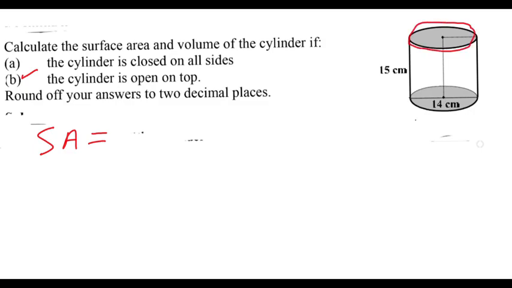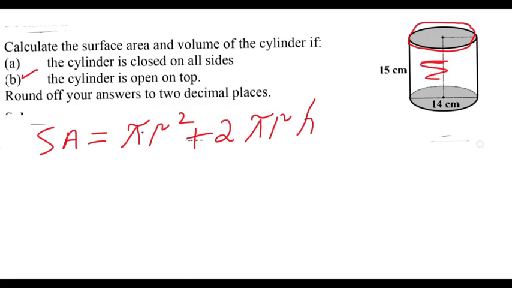So we're going to say pi r squared. We can't say now 2 pi r squared. We're only going to say pi r squared plus 2 pi r h. Must remember this lateral surface area will be the same. So 2 pi r h is the lateral surface area.